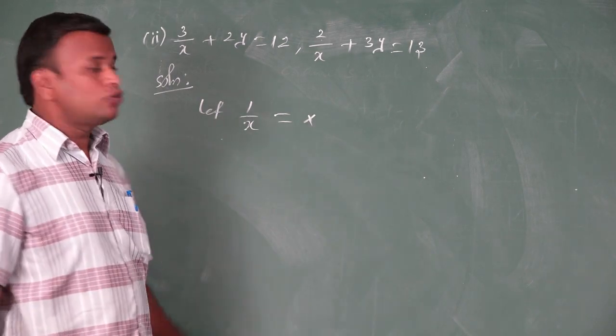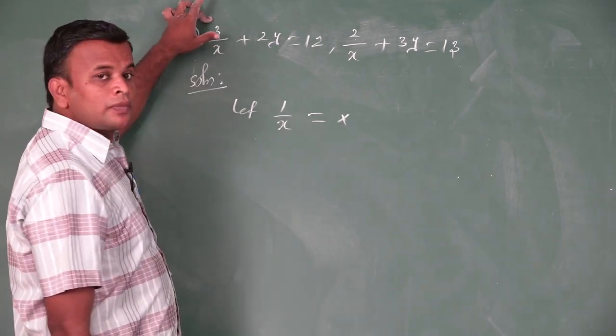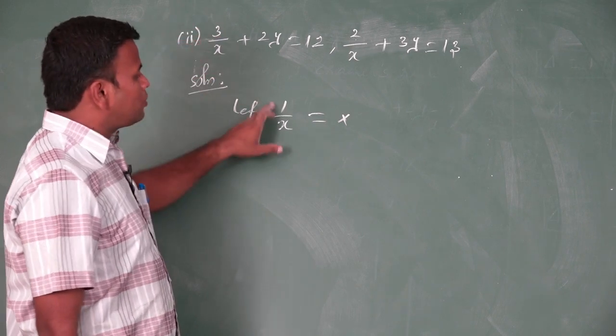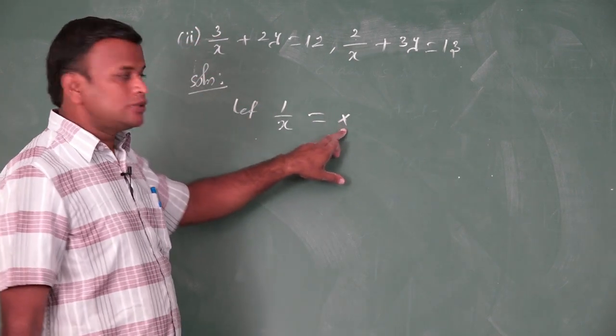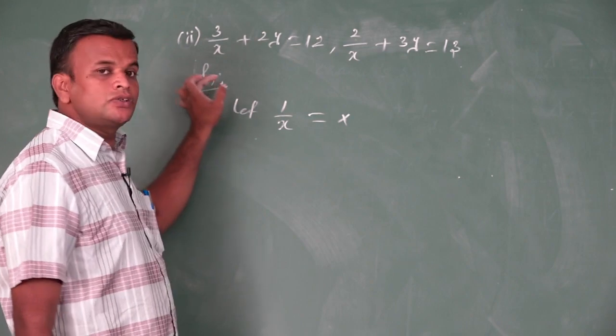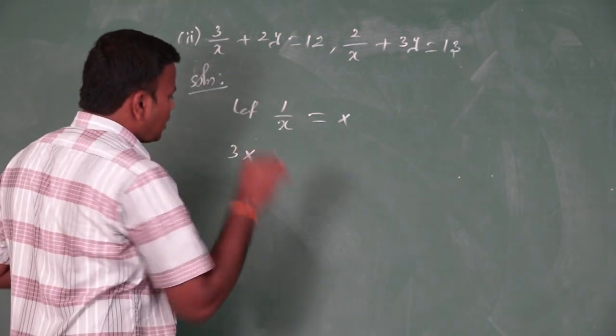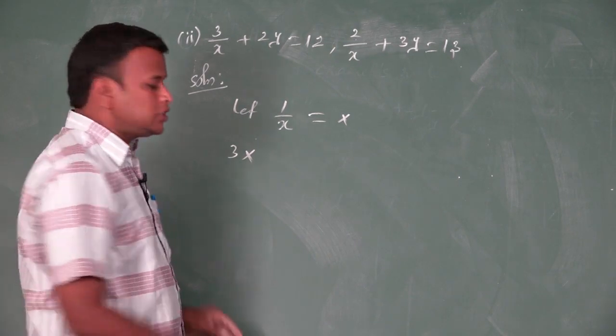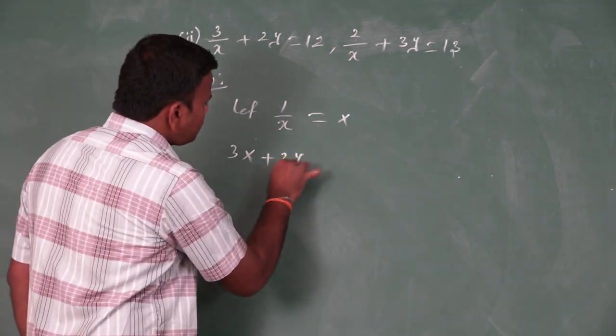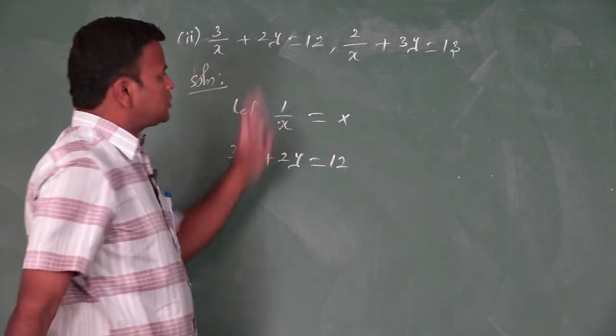So how do we change the first equation? 3 by x: if we take 1 by x as capital X, then 3 of 1 by x is nothing but 3 capital X. There is no change in the second variable, so 3X plus 2y is equal to 12.